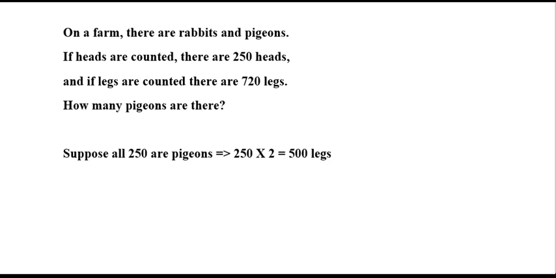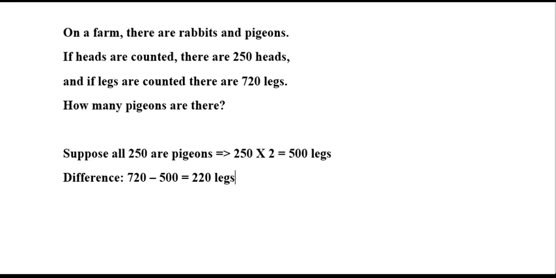Now the question tells you that if you count by legs, there are 720 legs. So the difference is 720 minus 500, that is 220 legs. So you have 220 extra legs. Based on the pattern we just identified, every 2 extra legs correspond to 1 rabbit.